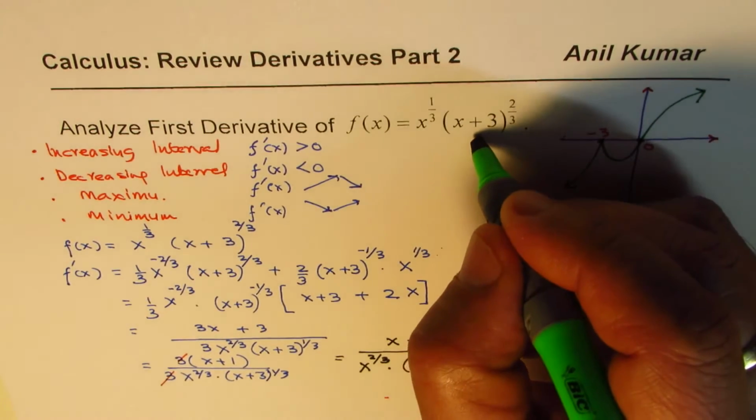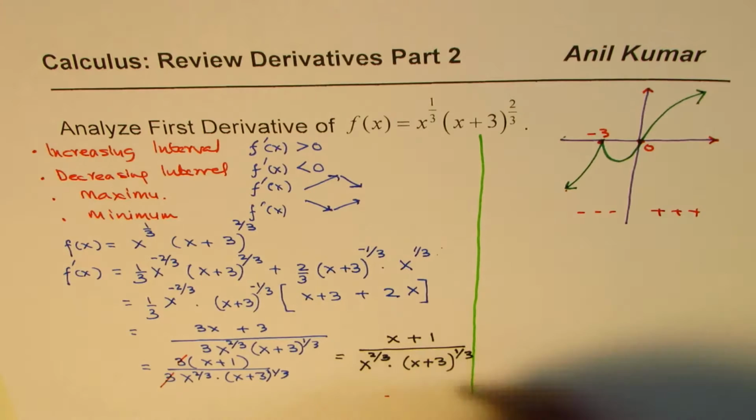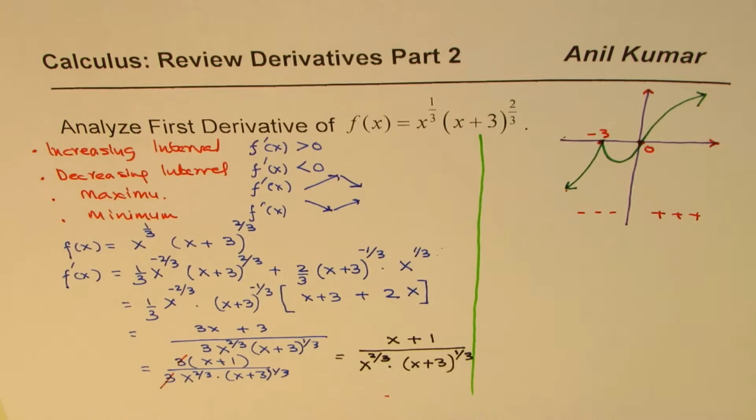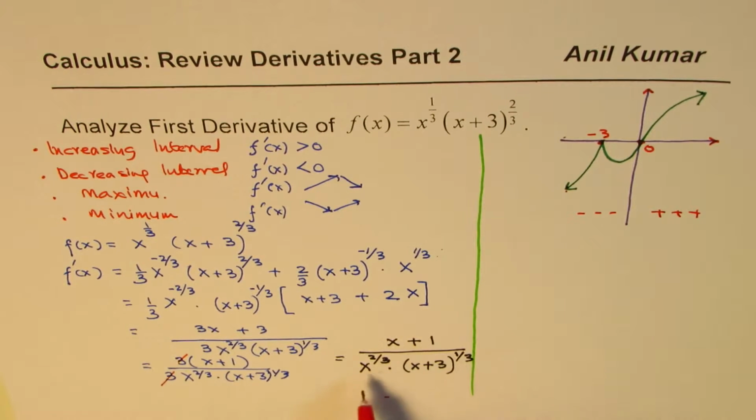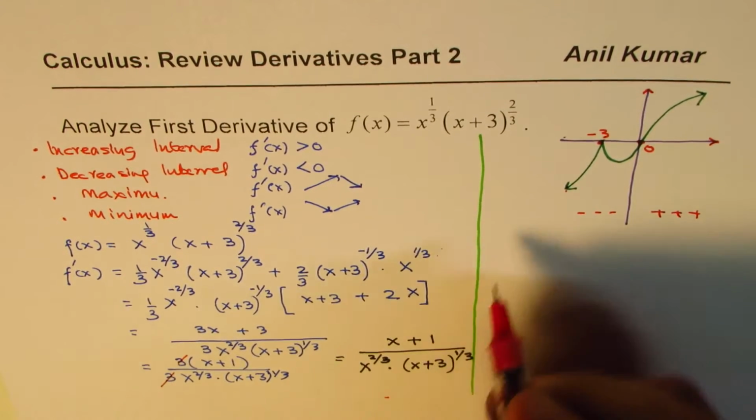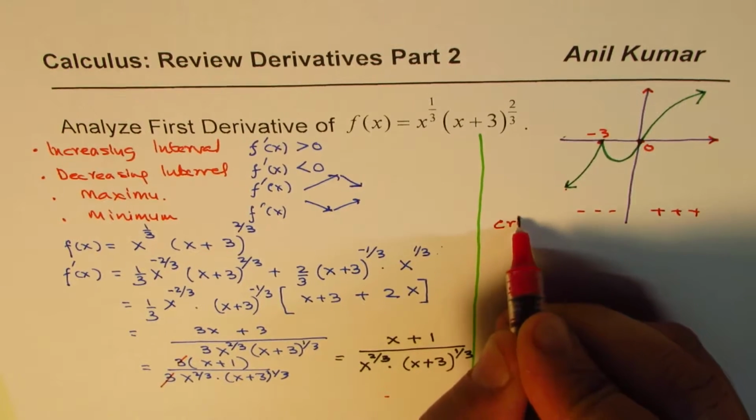Now we'll use this half of the page to analyze the derivative. Since we have this derivative, we know where its zeros are and where it is undefined, correct? Those are the points we need to figure out. So first, let's find the critical numbers.